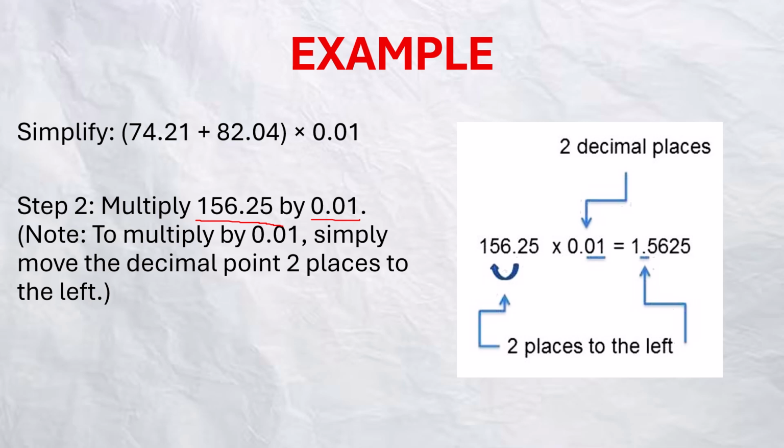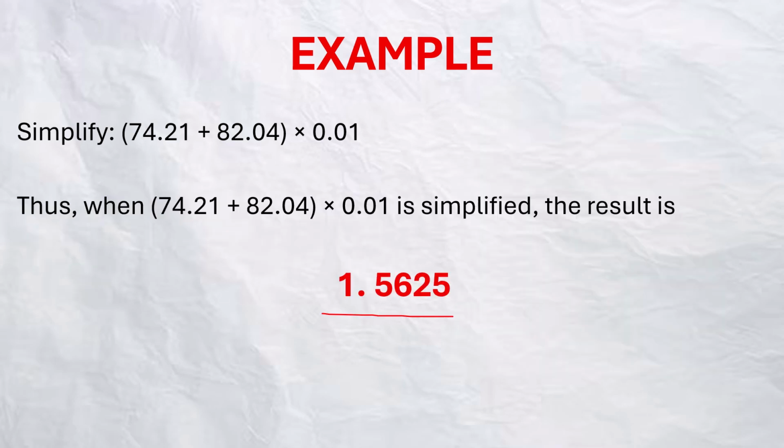Take note, again, to multiply by 0.01, simply move the decimal point two places to the left. So we move it 1, 2. So now the answer is 1.5625. So that is how we do mental multiplication by 10, 100, 0.1, and 0.01.